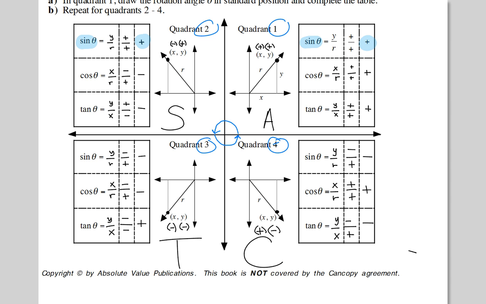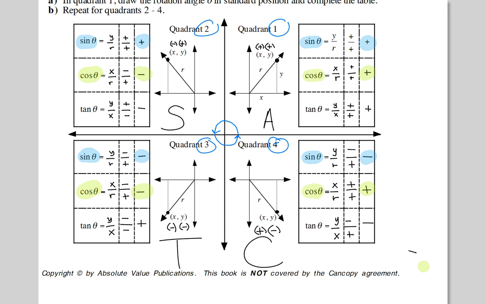And you'll notice that in the bottom, sines are negative. Now let's take a look at the cos. Since it has to do with the x, if you look on the right side, notice that the cosine is positive. And on the left, you'll notice that the cosine is negative.